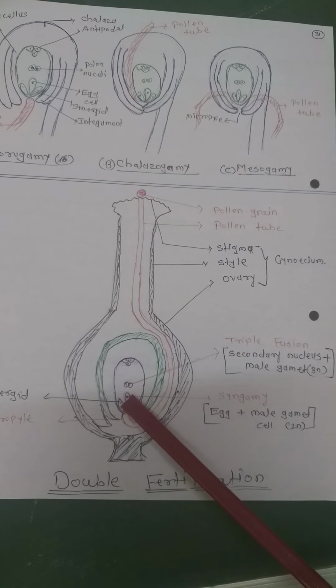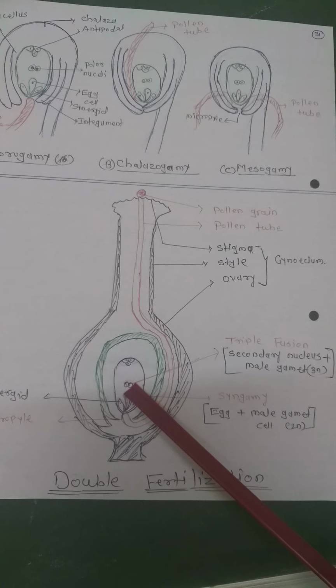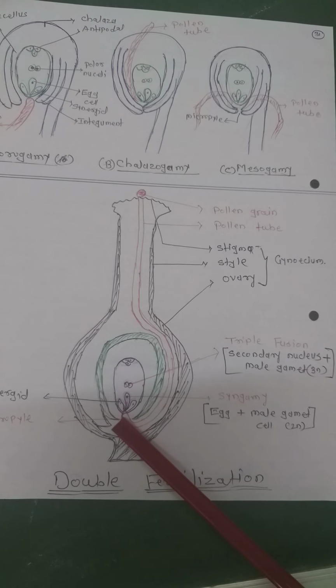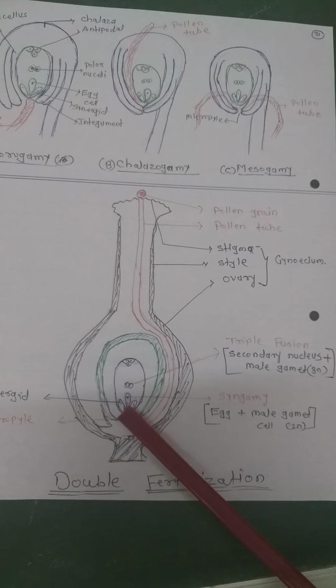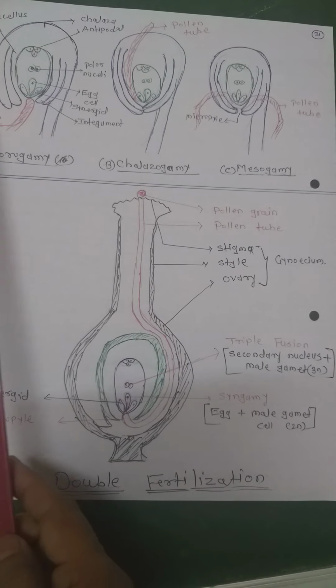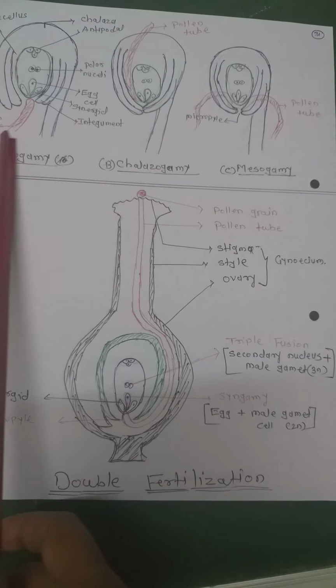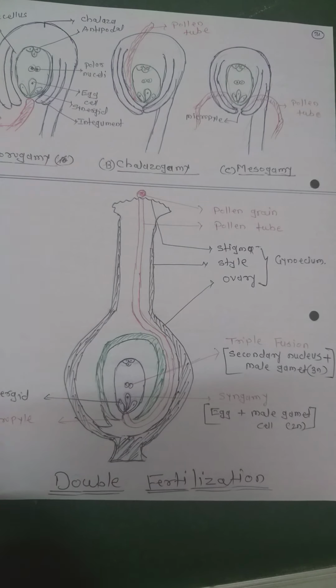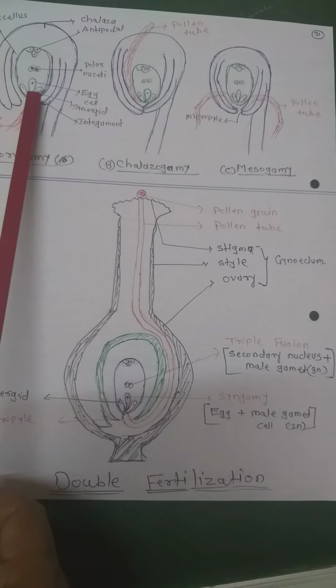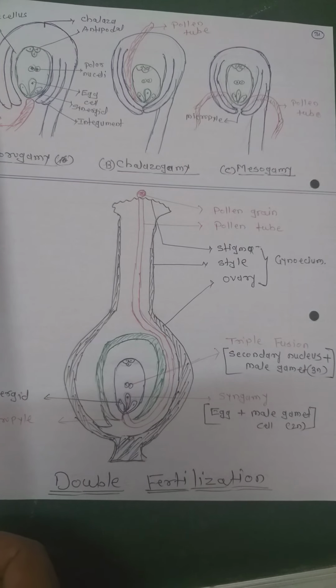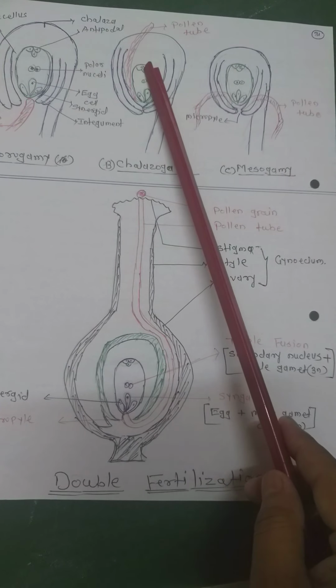Usually the pollen tube enters into the ovule through the micropyle. It is termed the porogamy condition. The pollen tube enters the ovule through the micropylar end, or opening of the ovule. This condition is known as porogamy. But in some cases, the pollen tube enters the ovule at the chalazal end.